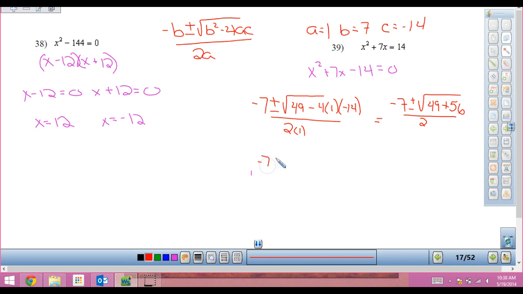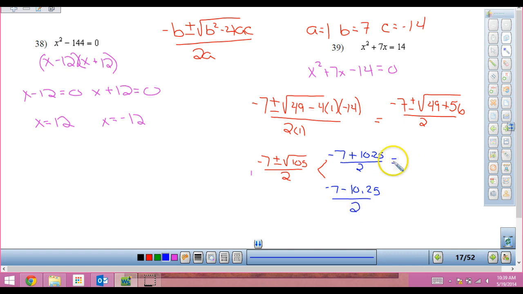So negative 7 plus or minus the square root of 105 divided by 2. This is where I go ahead and split it into two equations. So negative 7 plus the square root of 105 is 10.25 divided by 2, and negative 7 minus 10.25 divided by 2.